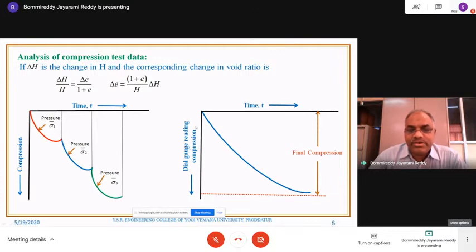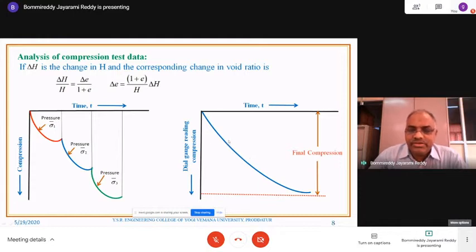Normally the load acting on the soil mass is measured by means of the dial gauge reading, and accordingly converted to the actual value, and the same is presented on the y-axis, and the other axis is time. So as the time goes on increasing, the compression of the soil also increases, up to the final compression. It follows a curve.